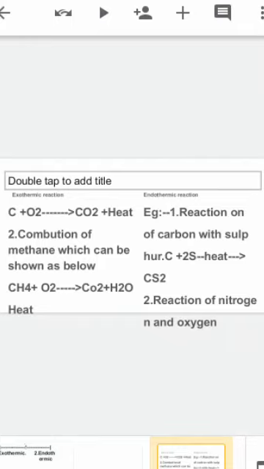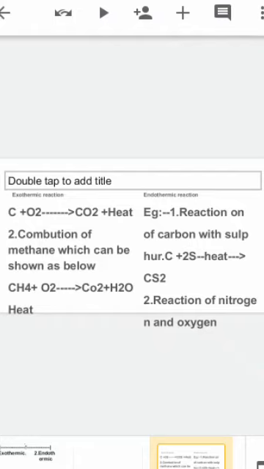First example is reaction of carbon with sulfur. So one atom of carbon reacts with two molecules of sulfur and it gives as a product CS2. That means carbon disulfide.